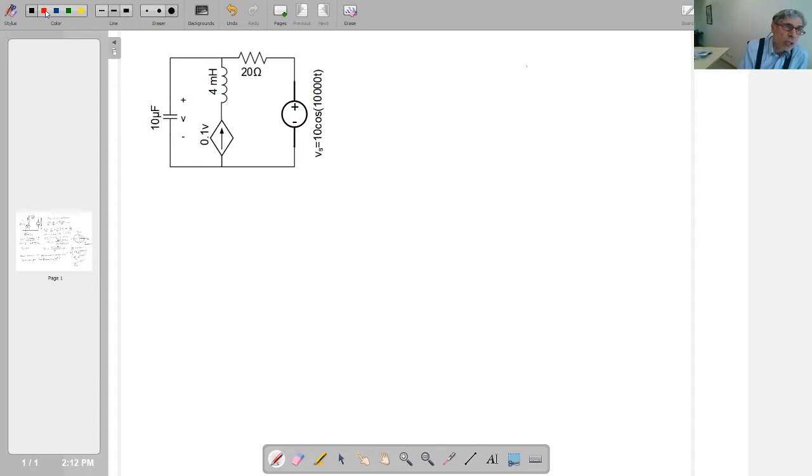Let me make it in red. So that coefficient is 1/10. If I replace this coefficient, that means changing the element parameter. If I make it 1/40 instead of 1/10, that's going to become stable.